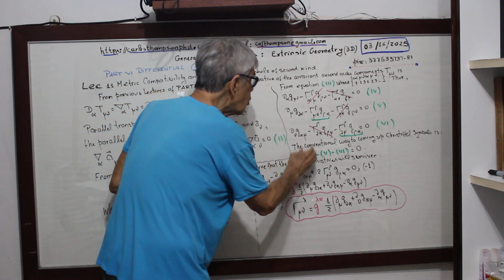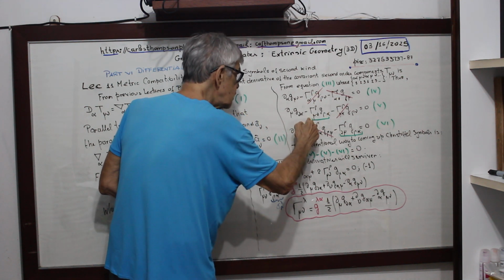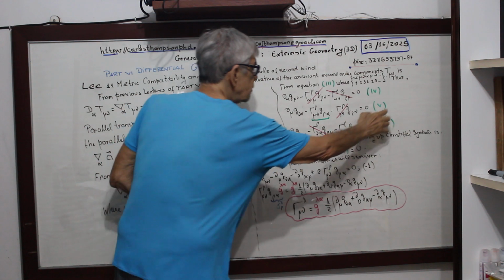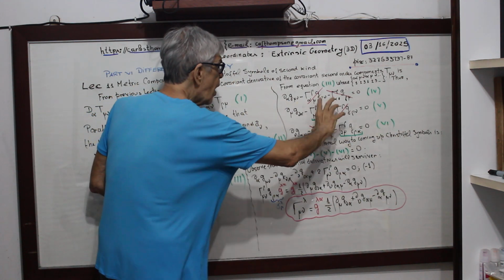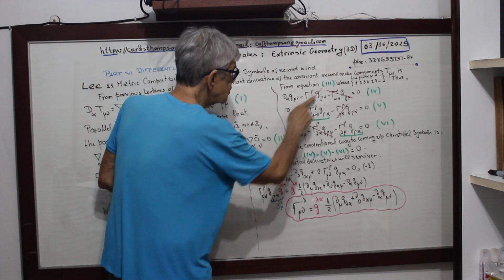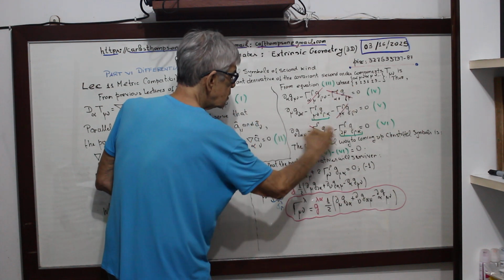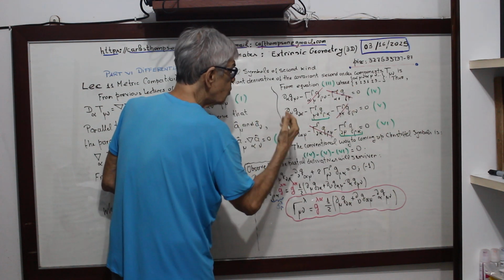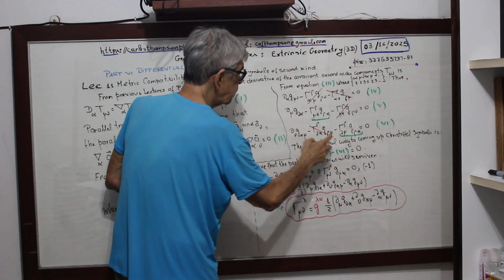You just copy from here this minus that, equations 5 and 6. If you write it here, you can cancel this term with this one, and this term with this one. So what is left is this green one and this green one.